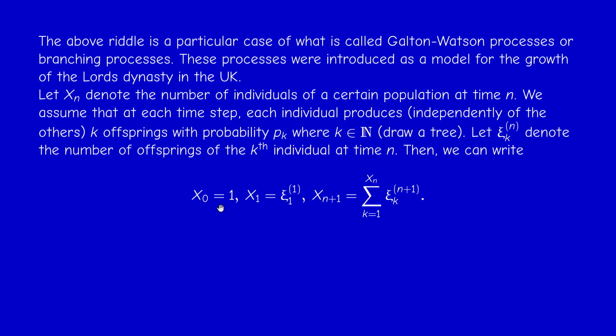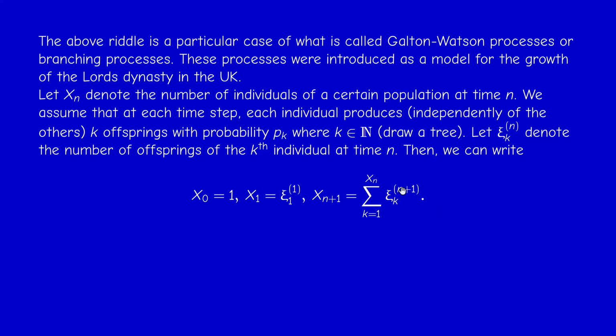So we start with 1, but we can start with anything actually, but suppose that we start with 1. Then x1 is psi 1, so it's just the population number at time n equal 1. And this random variable has distribution pk. And then we do the summation. So xn plus 1 is the sum of all these.